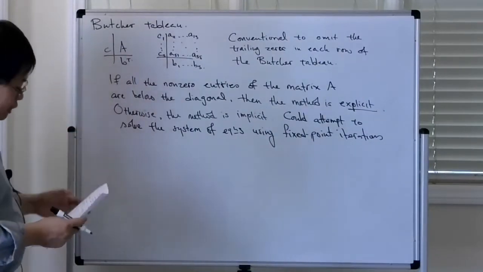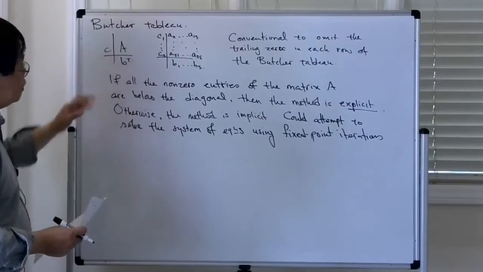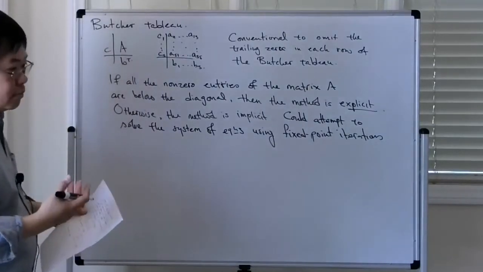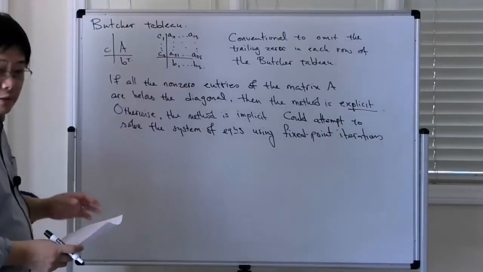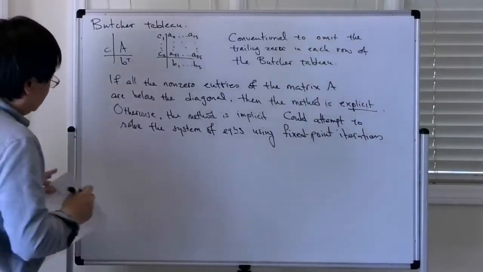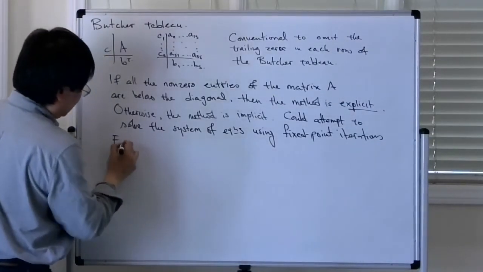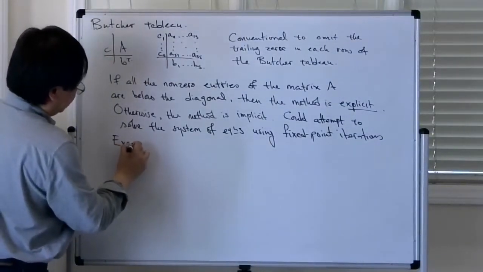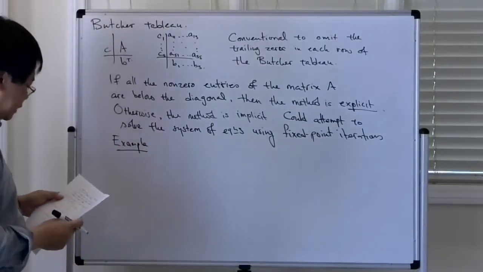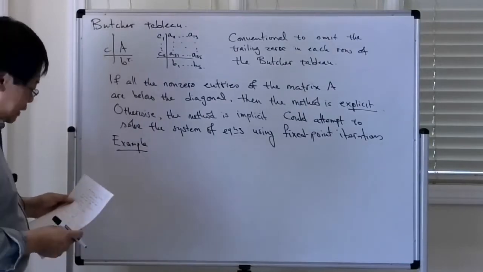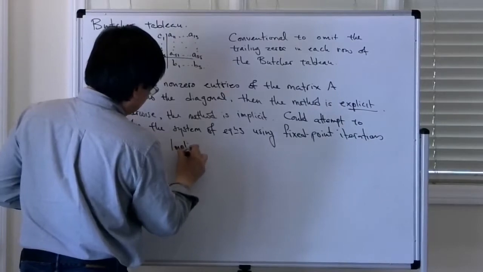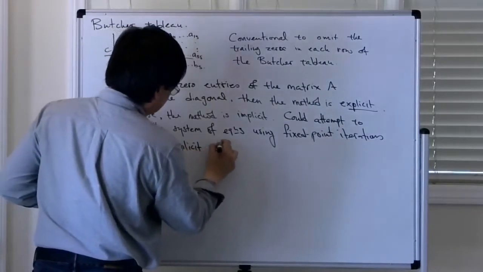So let's now look at a simple example of an implicit Runge-Kutta method. It may not be immediately obvious as stated that it is a Runge-Kutta method, but let's consider one and rewrite it in a form where it's apparent. That's what is called the implicit midpoint rule.